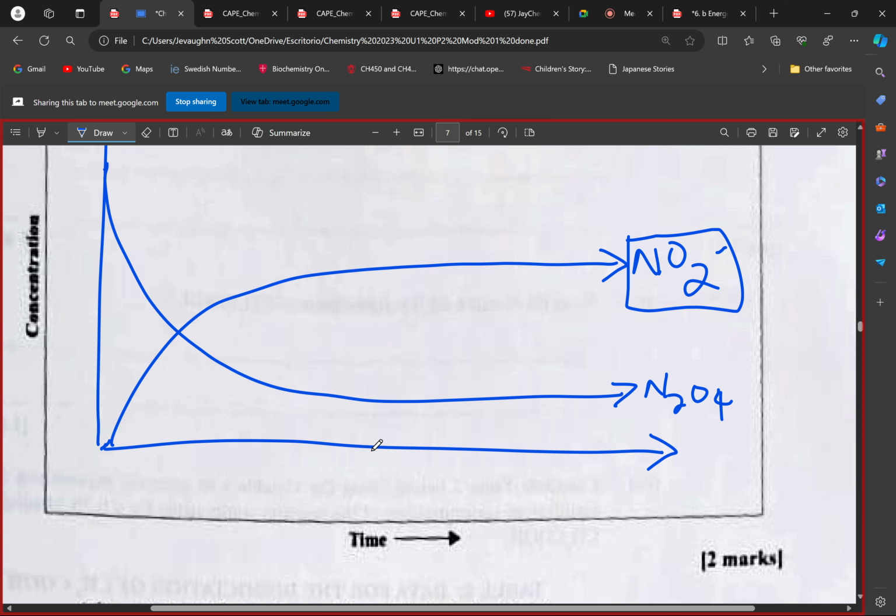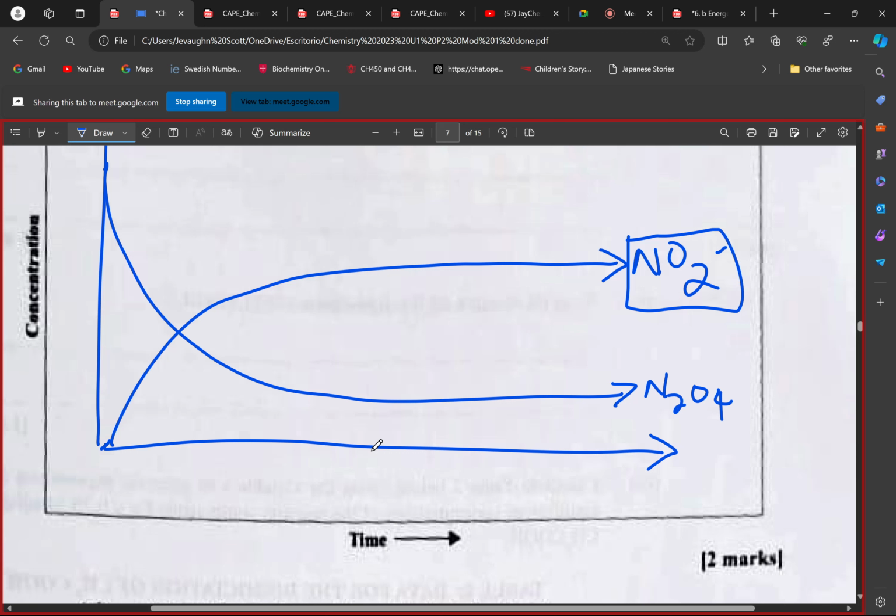So N2O4 starts at an initial concentration, right? And as time goes on, its decomposition allows for the production of NO2. NO2 concentration continues to increase while N2O4 concentration continues to decrease until the reaction reaches equilibrium, where the rate of production of NO2 and the rate of production of N2O4 balance out and are equal.